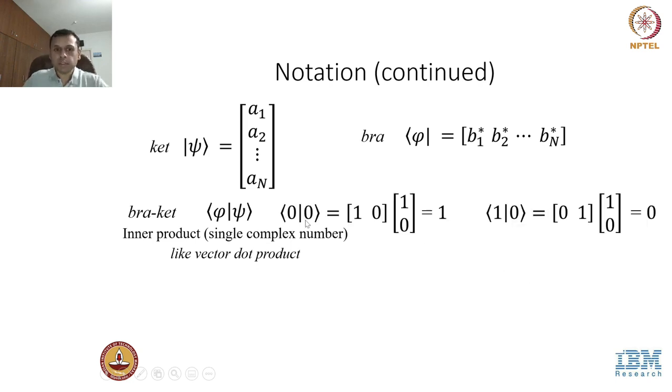Taking some concrete examples, let's apply the bra of 0 to the ket 0. Now the bra of 0 is simply this row matrix, and we know this is the ket 0. If you do the matrix multiplication, you simply get the quantity 1. The bra-ket of 1 and 0, on the other hand, gives us the quantity 0.